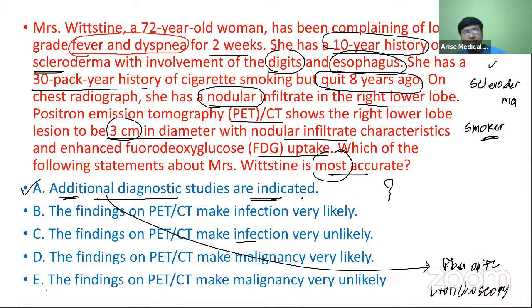The additional diagnostic study required is fiber optic bronchoscopy. Fiber optic bronchoscopy will give you an additional idea of what exactly is the diagnosis. Is it an infection or is it a malignancy? That will be decided by the fiber optic bronchoscopy. All right, next.